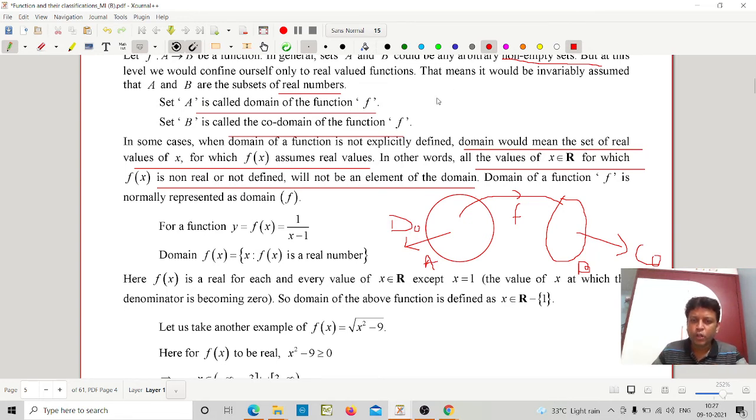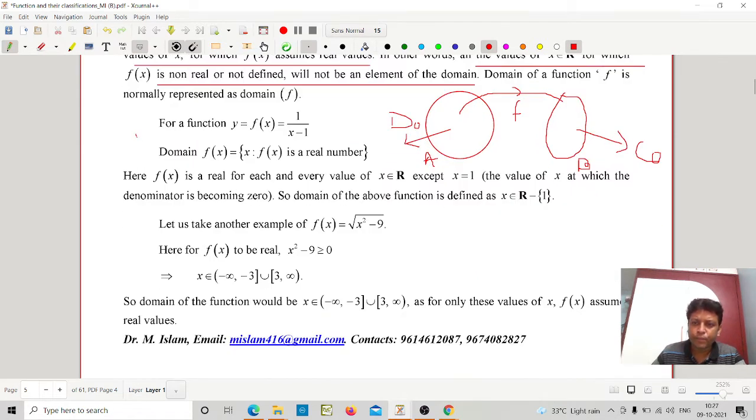So suppose, for example, for the function y equals 1 over x minus 1, what is the domain? If you put x equal to 1, the denominator is 0, so it will become undefined. So all real values except x equal to 1.